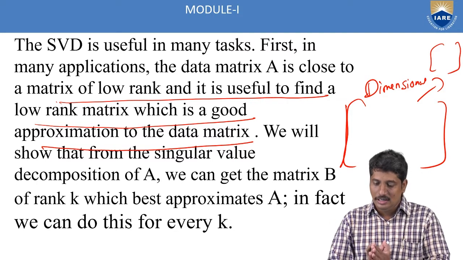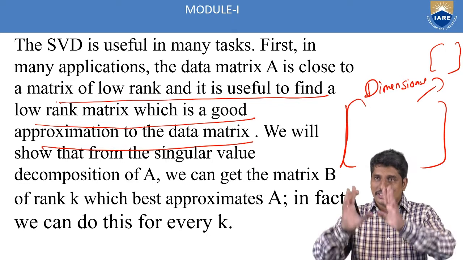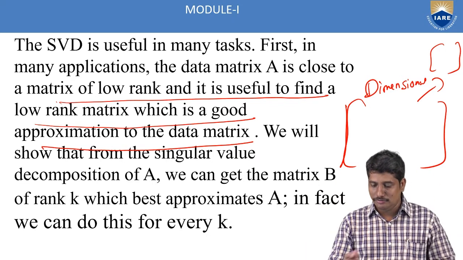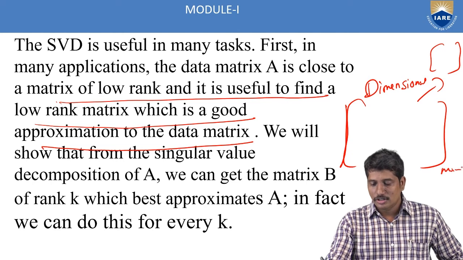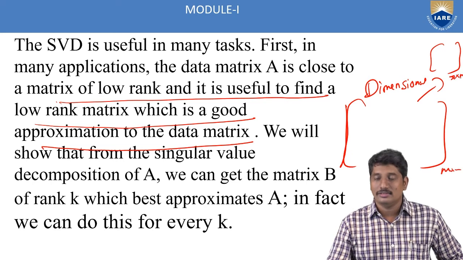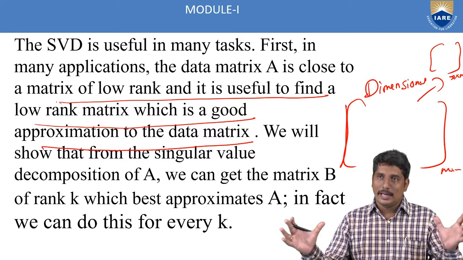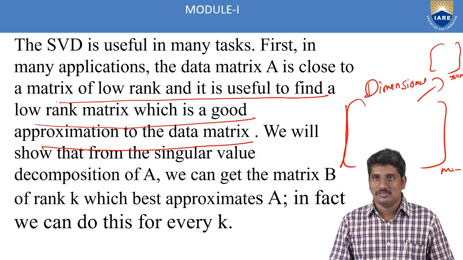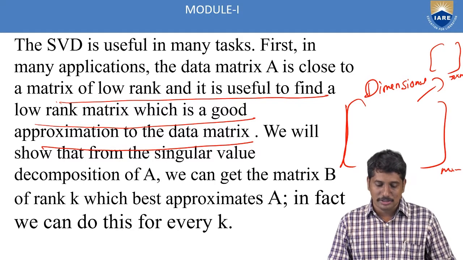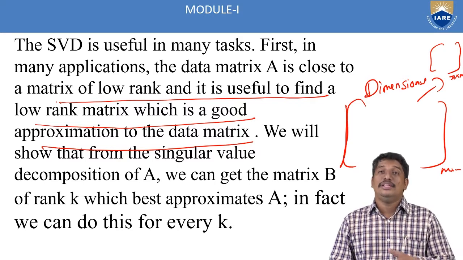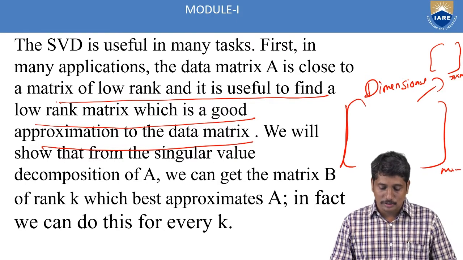The essence will be preserved, but the dimensions will be reduced. Initially it may be m by n, later it may be reduced to r by n. So it will be compressed, but the data will be preserved. That is the beauty of dimension reduction, and in that SVD plays a vital role. That is why we are going to learn this.